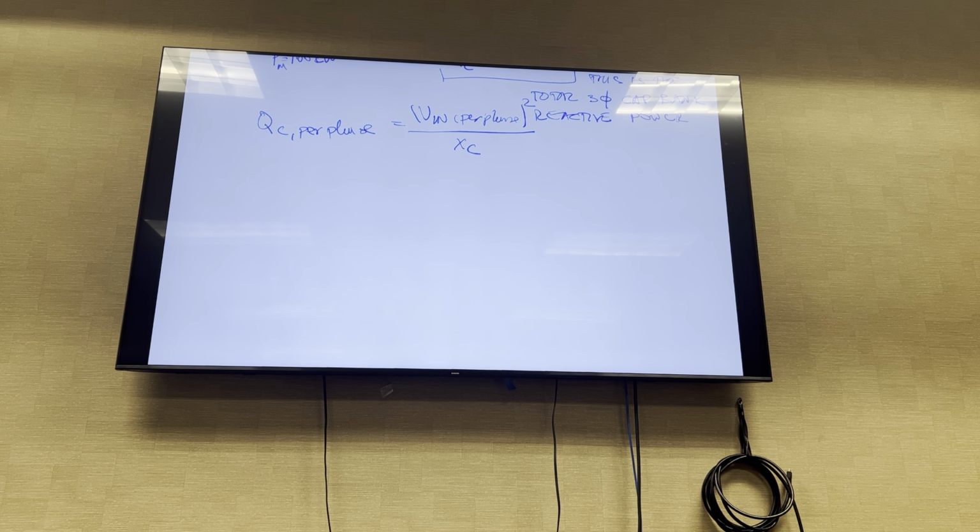And in our case, QC per phase will be the 75 kilowatts divided by 3, and that will be equal to V in per phase, that's 277 squared, divided by XC. So I can solve for XC from there.